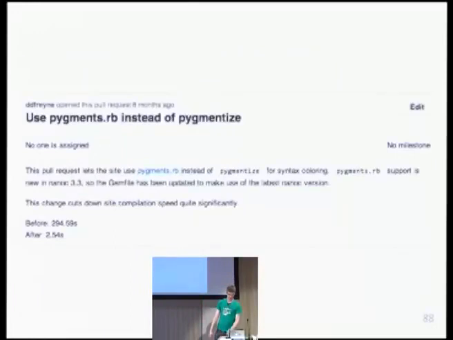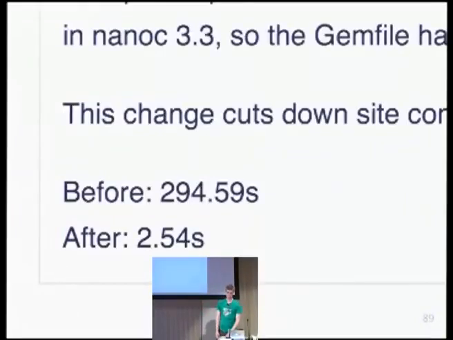So here's an example. I did a pull request to the GitHub API documentation site, and I replaced Pygmentize by pygments.rb, and the speedup is amazing. Let me zoom in. So before it took 5 minutes to compile the site, and after changing Pygmentize to pygments.rb, it only takes 2.5 seconds. That is a huge speedup, and that's all because I used a different filter.